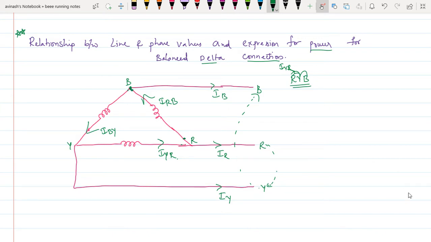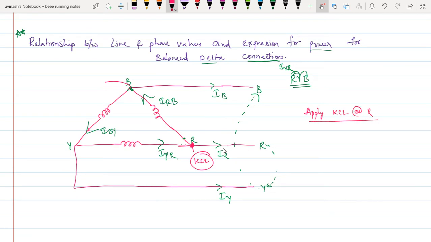Now let us consider the delta and apply KCL at point R. What do we get here?